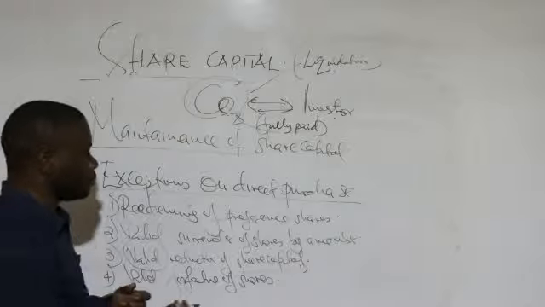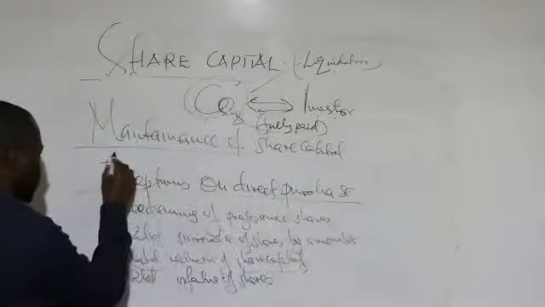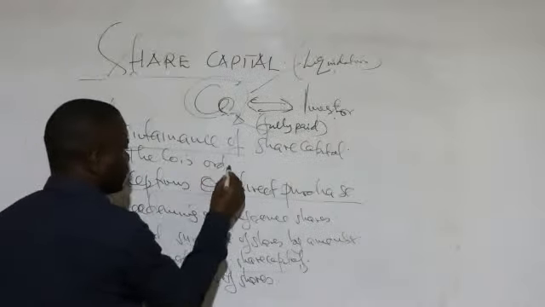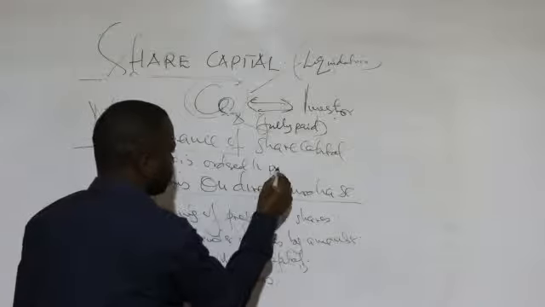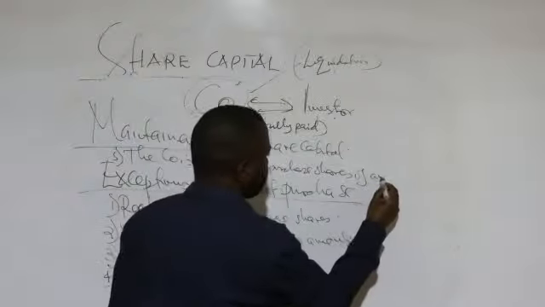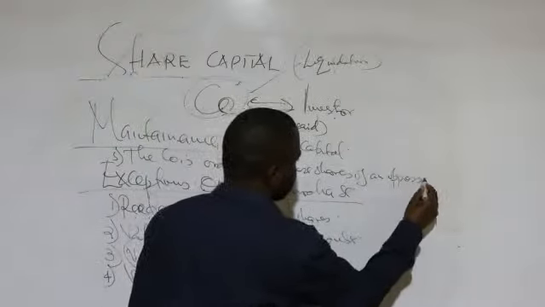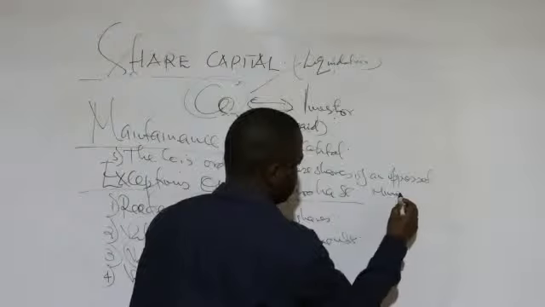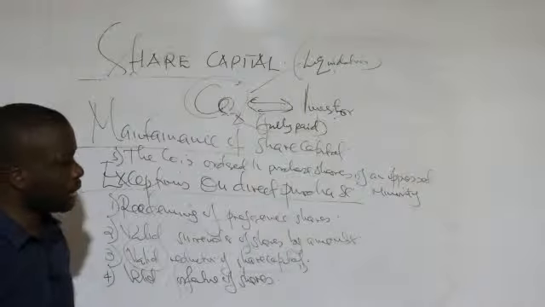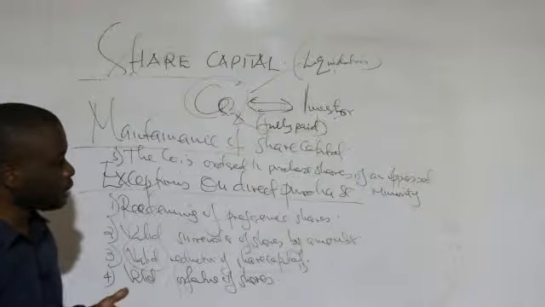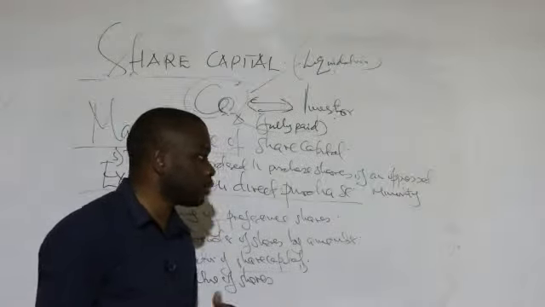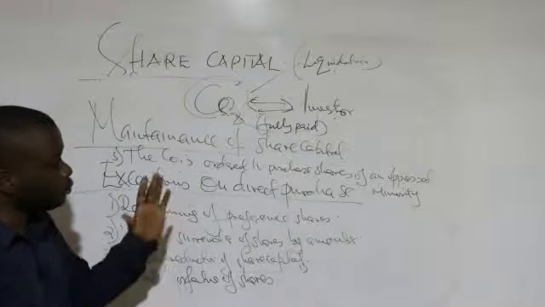So you're an oppressed minority member in a company, and you no longer want to be a member in the company, so you go to the court, and the court orders the company to buy back your shares. You no longer want to be a shareholder in that particular company. So the company will be forced to buy back your shares.